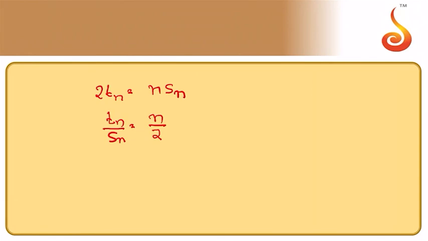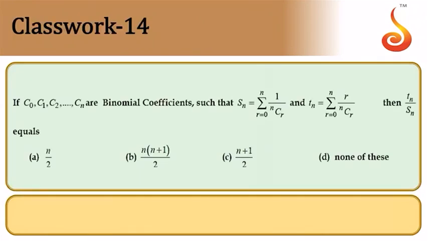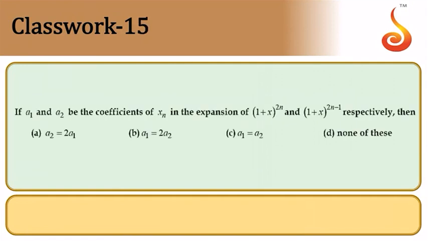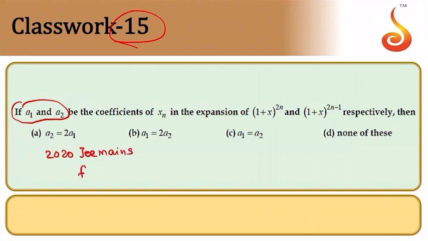So they are asking Tn by Sn, which is equal to n by 2. So n by 2, option A is correct.